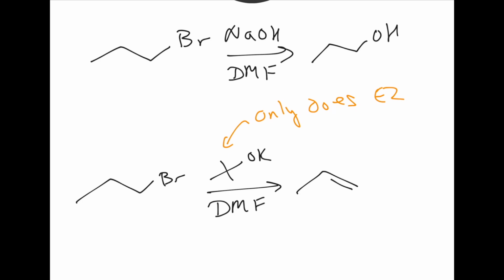Basically, 95 to 99% of the time, if you have a primary halide, you're going to do an SN2 reaction. But if you have one of the big bases, it can't do an SN2 reaction. It has to do an elimination. So if we see a primary halide, you should default to SN2 and then check your nucleophile/base to make sure. Then we have tertiary halides.